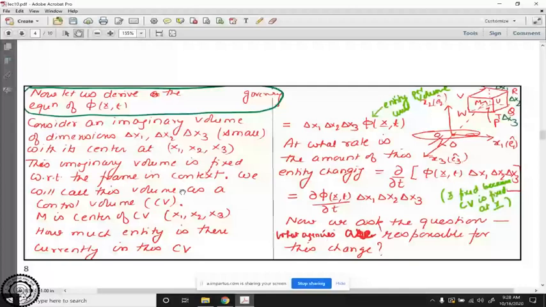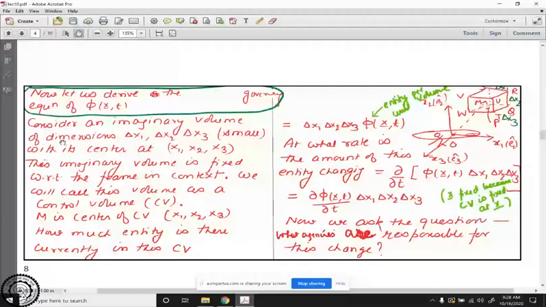And this is the reason I kept it as phi, because the few steps I am going to take towards its full derivation really don't care whether phi is mass per unit volume or momentum per unit volume or energy per unit volume. Those steps will be applicable to all. So I want to do it once, and then for further steps, I will start taking specific cases of phi being mass per unit volume or momentum per unit volume and so on.